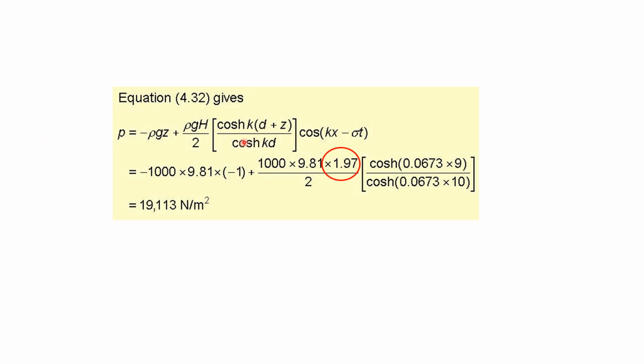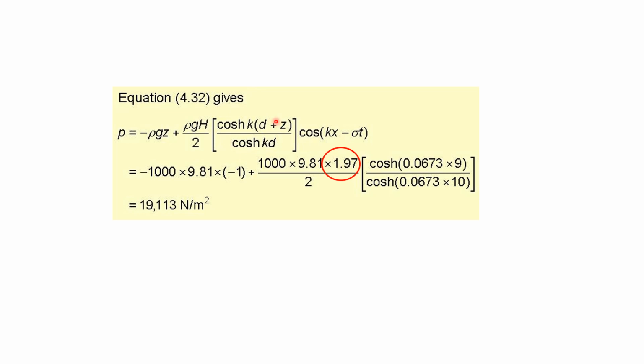If cosine is -1, then we will still get the same magnitude as the largest pressure. But of course, the cosine term fluctuates from 1 to -1, in a typical sinusoidal function. So we are not interested when the cosine term is less than 1, because in that case the pressure will be smaller. We just want to know the largest pressure at this point. So we treat this cosine term as equal to 1.